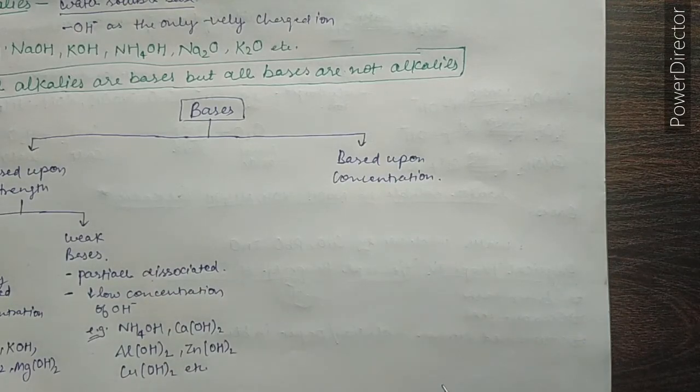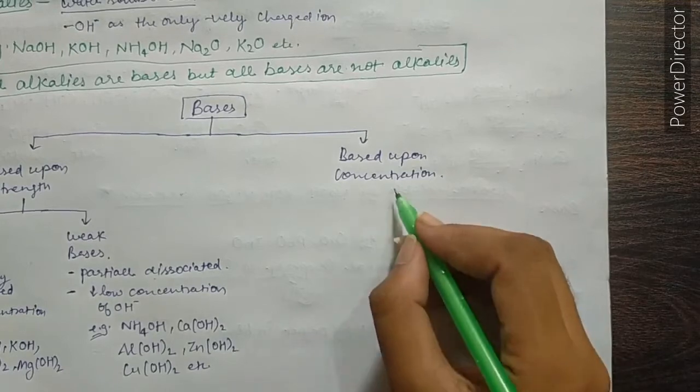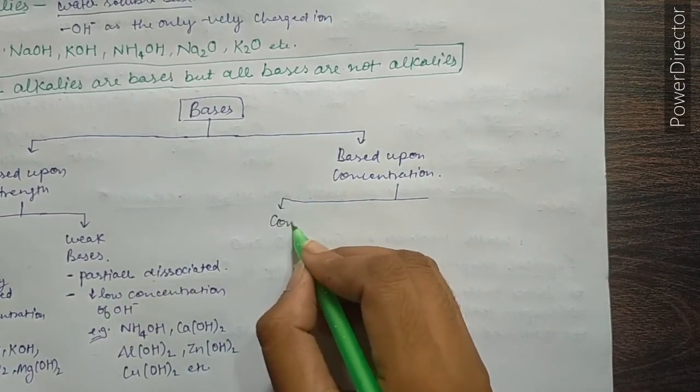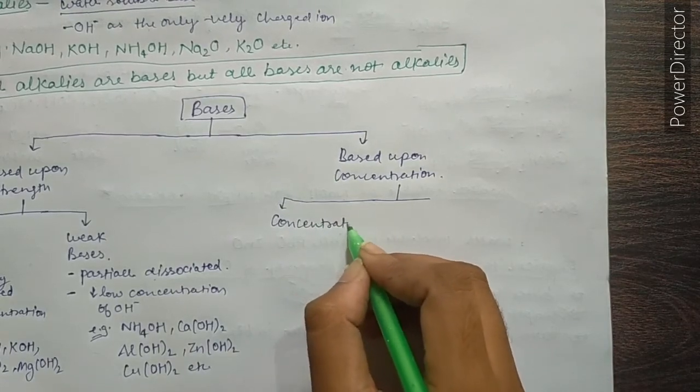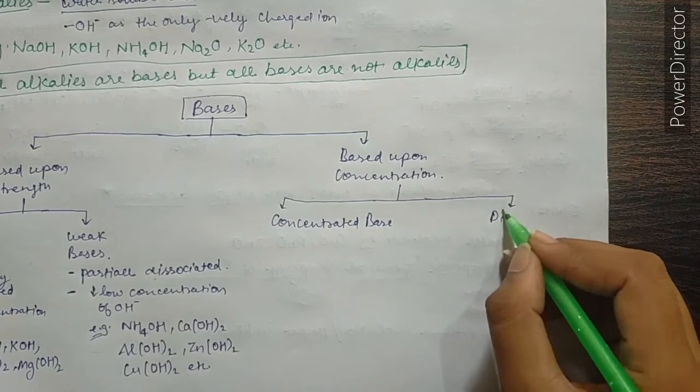Now on the basis of concentration, bases are also classified into two categories. First one, concentrated base. Second one, dilute base.